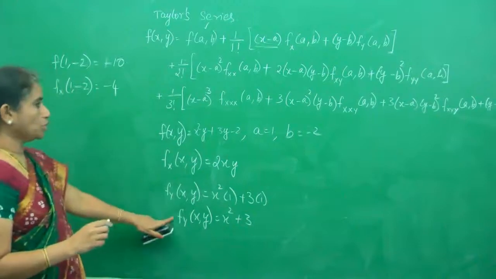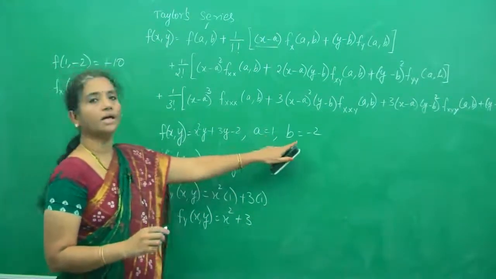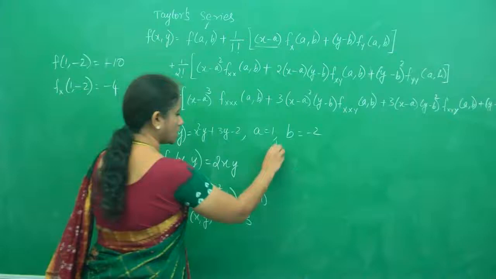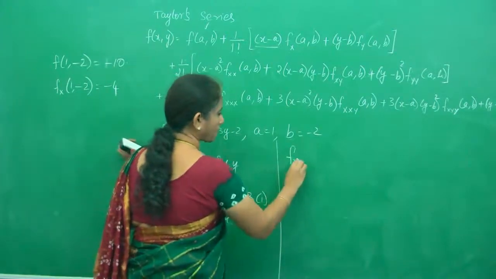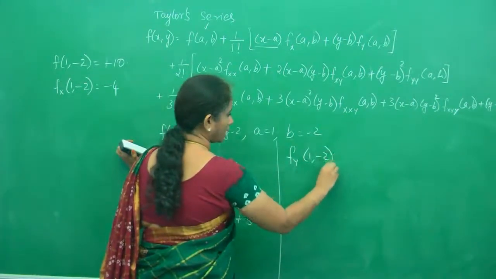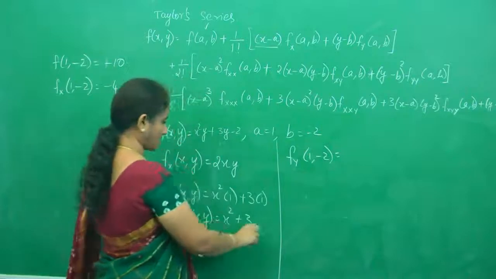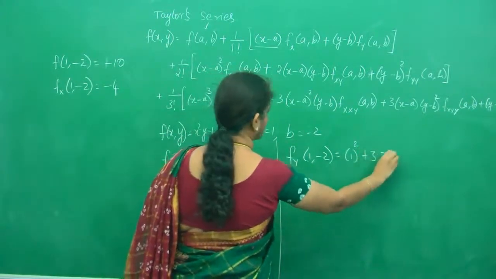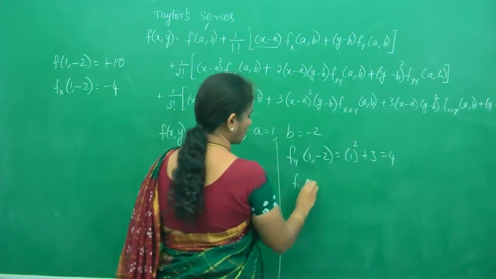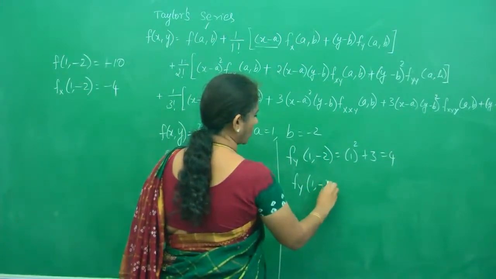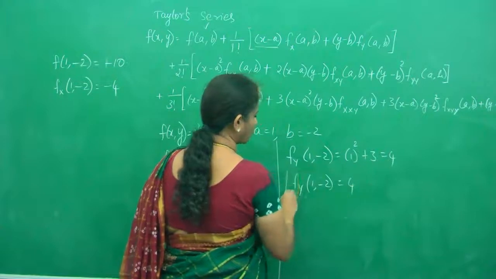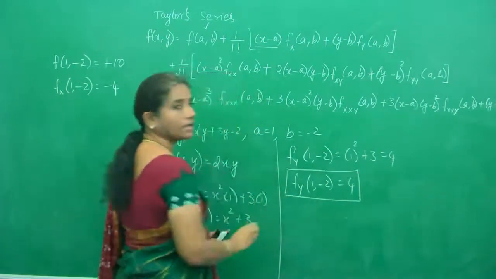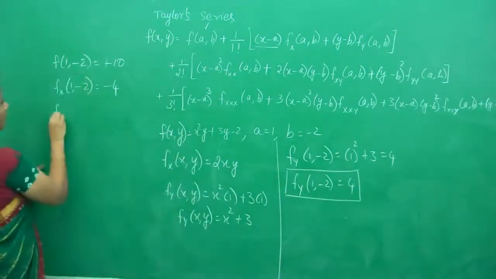Now I am supposed to do fy of 1 comma negative 2. Okay. So what is fy of 1 comma negative 2? It is nothing but, where x is, you just plug in 1 square plus 3, which is nothing but 4. So you will write fy of 1 comma negative 2 is 4. Draw a rectangle and keep it ready.